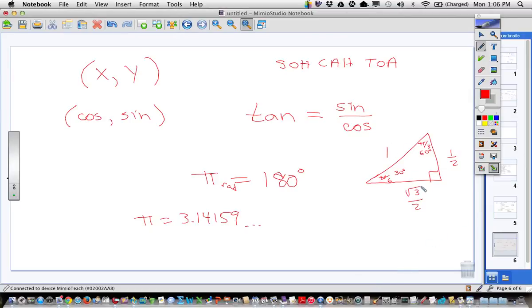You better have that memorized. 45-45, which is pi/4 and pi/4. That is root 2 over 2, root 2 over 2, and 1. You better know those triangles, because those triangles can then help you get all of the values around the unit circle that you need without memorizing. You just memorize those 2 triangles.